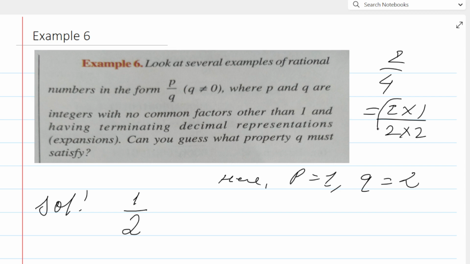So 2 is a common factor. You should see numbers which do not have any common factor. For example, 1 and 2 do not have any common factor.